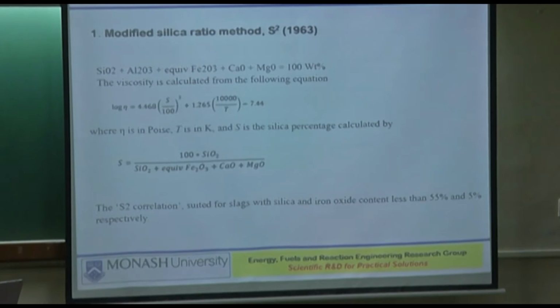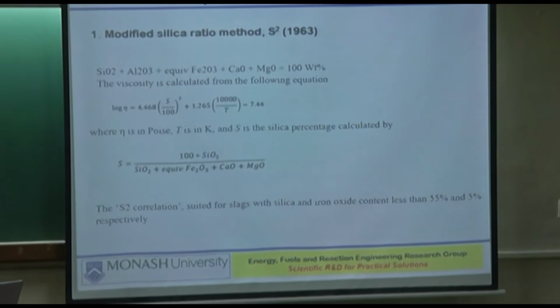See, they have the alumina in the first, when they normalize it to 100%, but in the S, they don't have it. And I have never found any consistent reason for not having it. Maybe the curve fitting did not work very well with alumina being in the equation. So these are all empirical models, absolutely empirical models. Then I will show you how they work or how they don't work really.